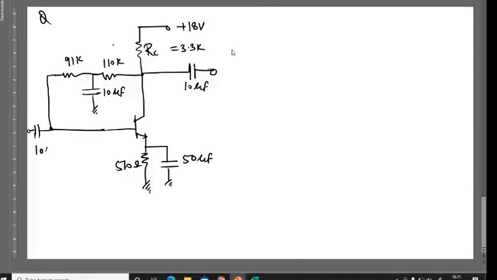Can anyone solve this problem? This is very good, because this capacitor will be removed for DC analysis and everything will be simpler, like the previous collector to base bias.